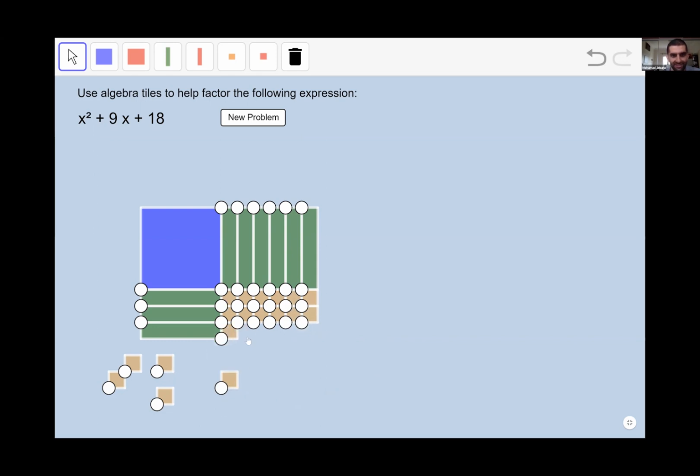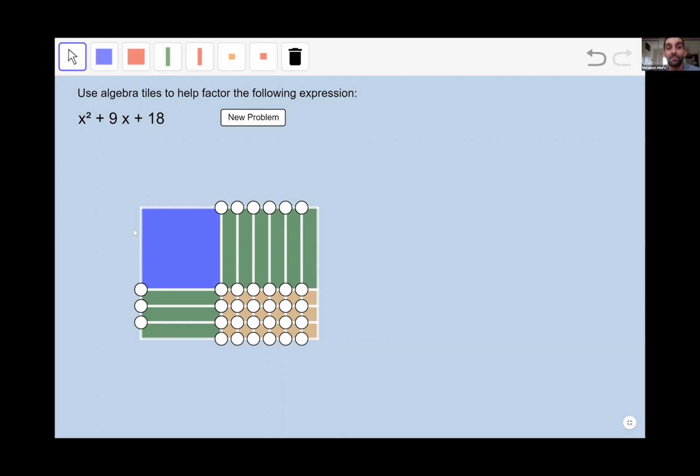All right, can you see a perfect rectangle is about to form? Here we go. All right, look what's happened here. We have an x squared, 9 x's, and 18 units. And we have formed a perfect rectangle.